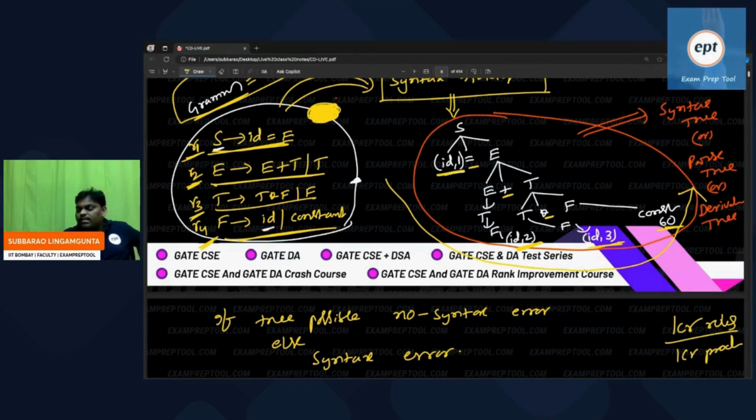Some people are asking, sir, if I want to create a syntax tree, is grammar required? That is the meaning of compiler. Compiler is grammar. Grammar means rules. So using the rules, can you draw the tree for the token string that is coming or not? There is one lecture in the TOC on what grammar is.